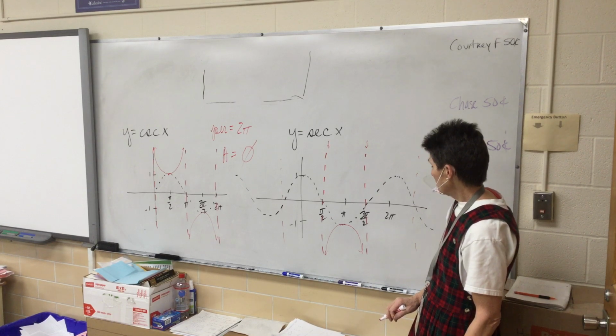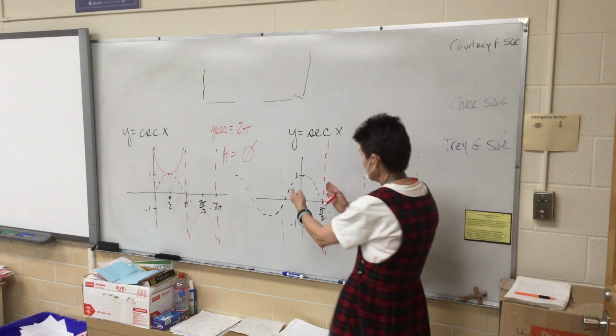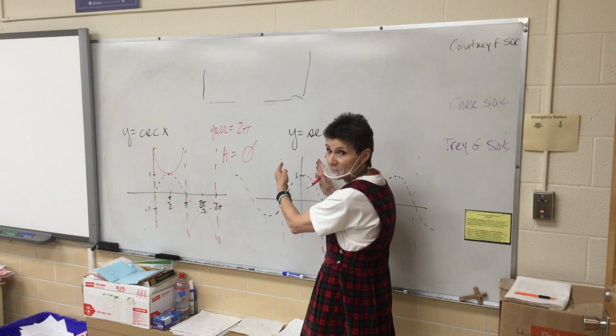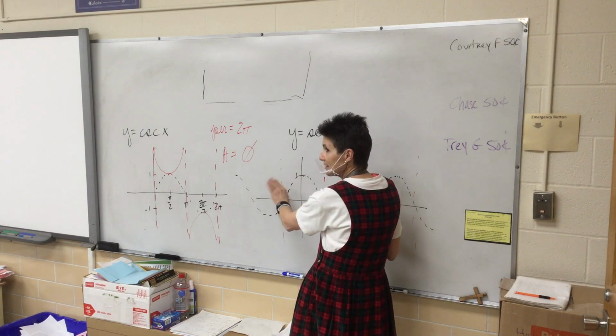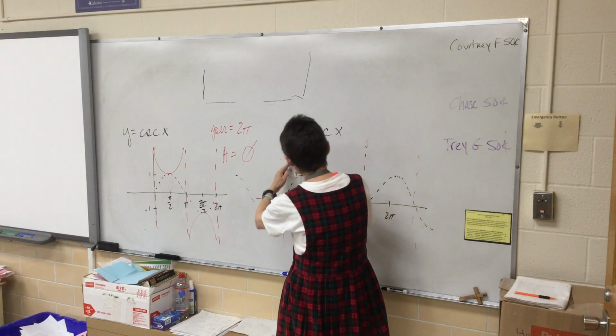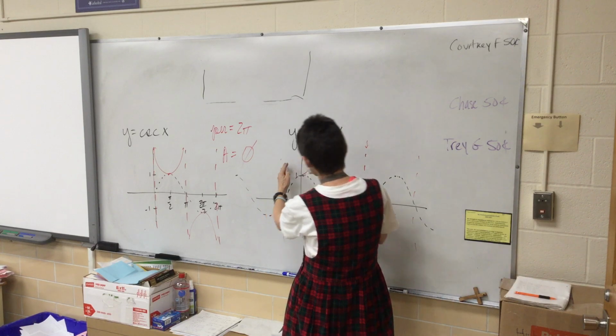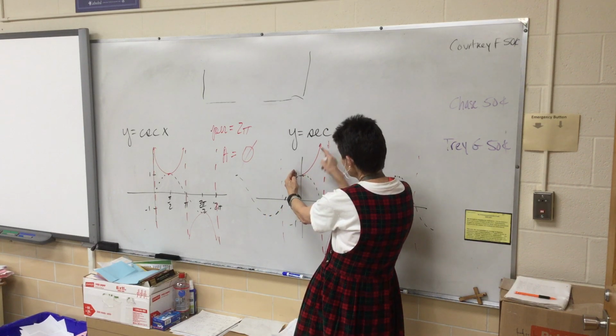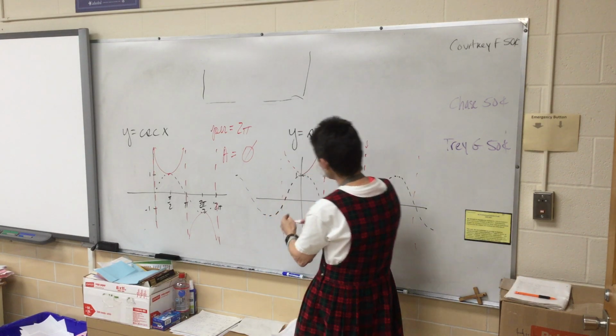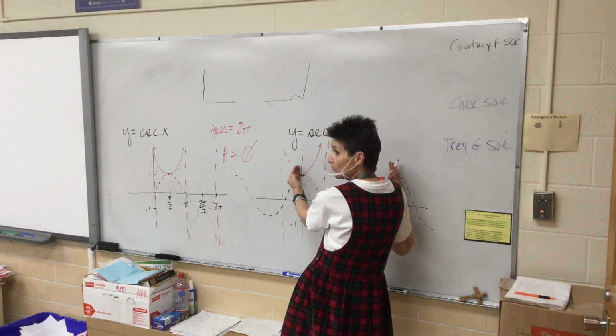Oscar, you doing okay? Yeah. Okay. Now, this hill is going to get flipped, but remember, this is kind of extra part. So when I flip the hill, the only part that I actually have is this part, because this part would be over here. And remember, I'm graphing 0 to 2 pi.